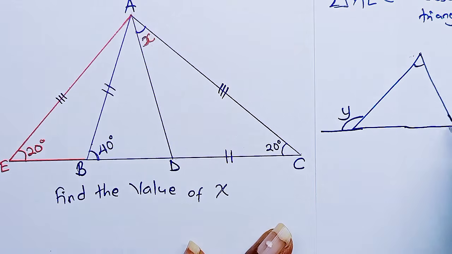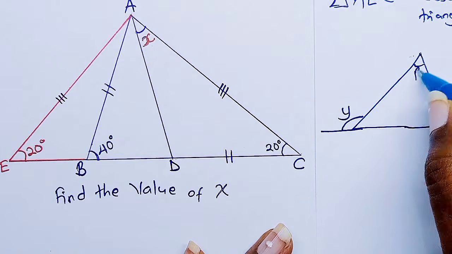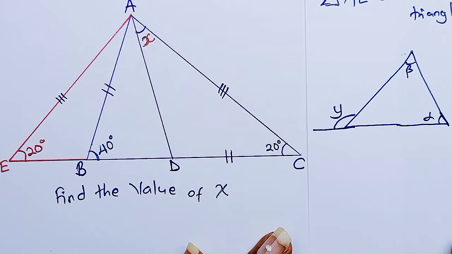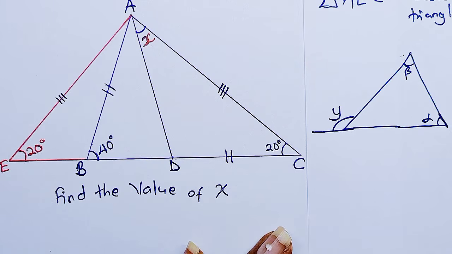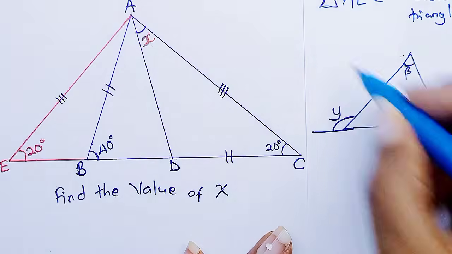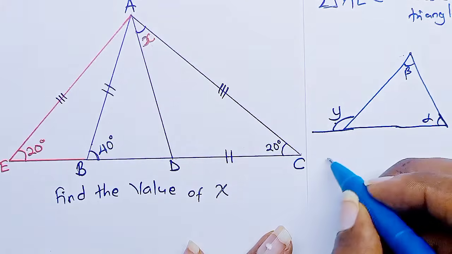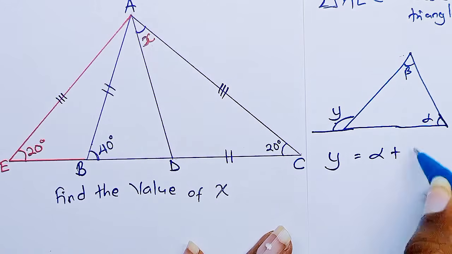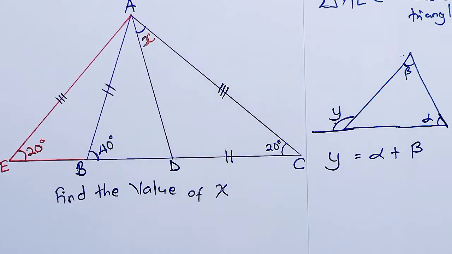So let's say this is alpha and this is beta. Okay, so from the exterior angle theorem, y is equal to alpha plus beta.